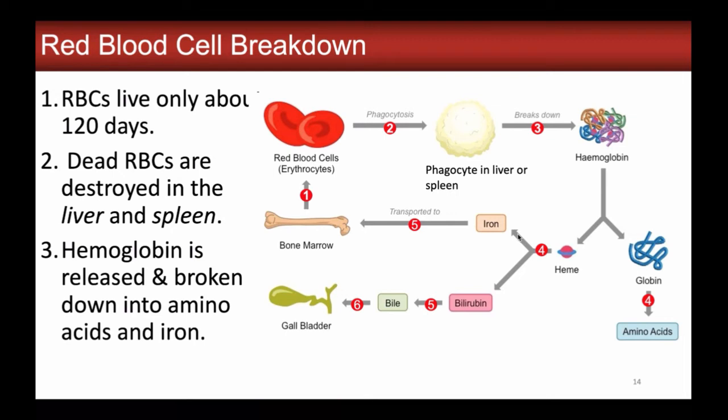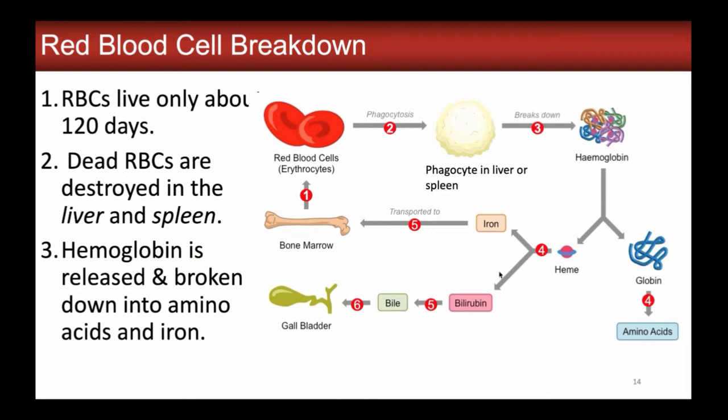The heme group is split in the liver into iron and a molecule called bilirubin. So the iron gets transported to bone marrow, where it's used to make more red blood cells, and the bilirubin the liver converts into bile, which is then stored in the gallbladder.